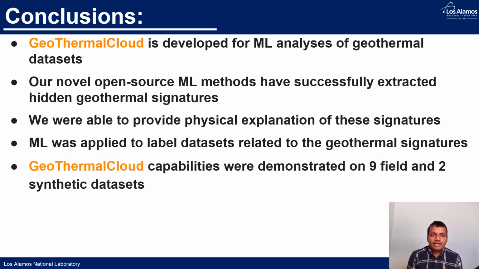So this is all I had today for this tool. Overall, we applied this to 8 datasets for the geothermal cloud, 9 for field datasets and 2 for synthetic. For all these cases, we extracted meaningful information and utilized the model for further analysis and better understanding of the system.